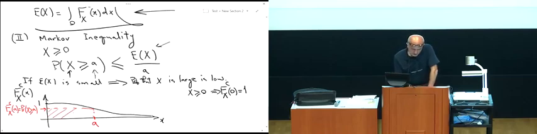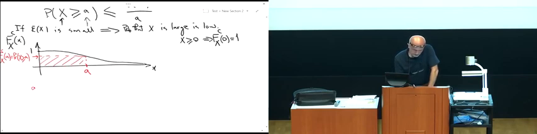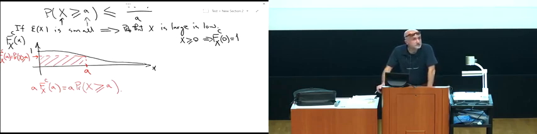What is this area here? Can you tell me? A times F_X complement at A, which is A times the probability that X is greater than or equal to A. Everybody, come on, let's sing along. I'm tone deaf, I'm sorry. So that area is A times the probability of X greater than or equal to A. That's the area of that rectangle.